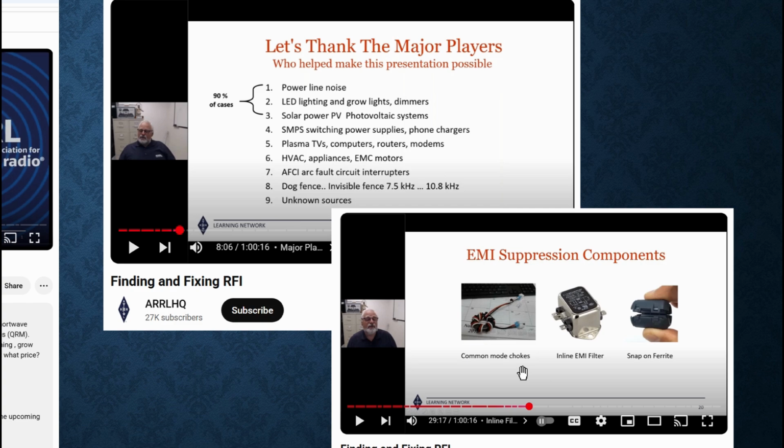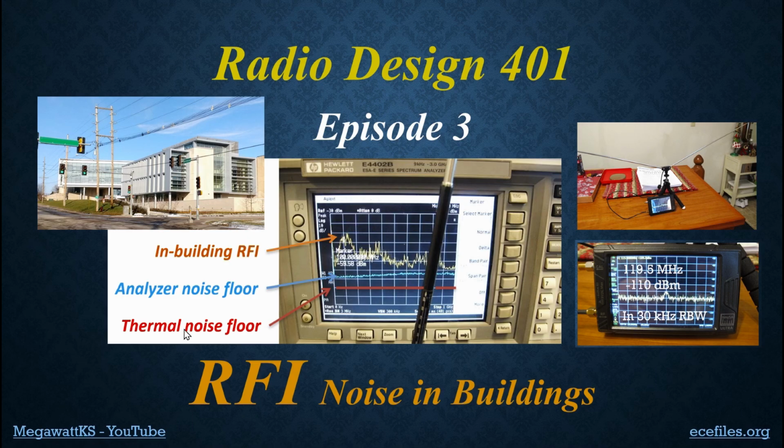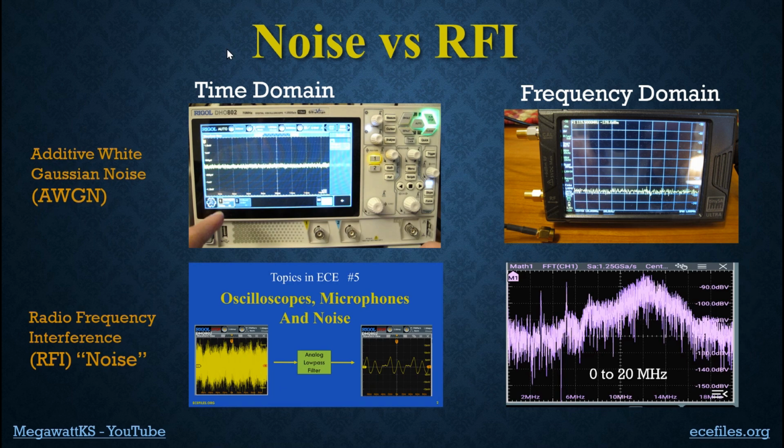And what I'm hoping to do in this video is to add to that kind of information which is already out on the web. We're going to, as I said, focus on the levels of the noise and also the frequency content.